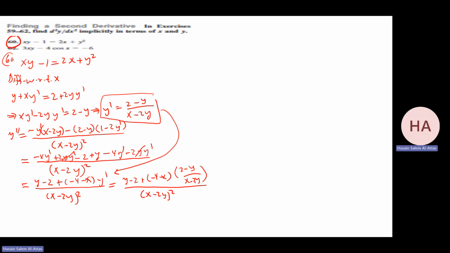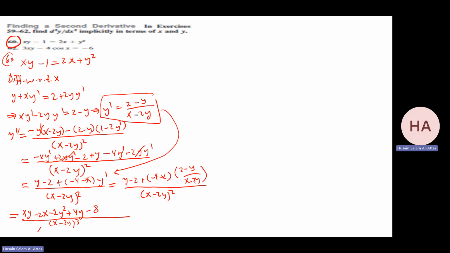So that will give me what? This multiplied by here, that will be xy minus 2x minus 2y square plus 4y minus 8, minus 4 times this. It will be x minus 2y cubed. Now this is minus 4 times 2 minus 8.